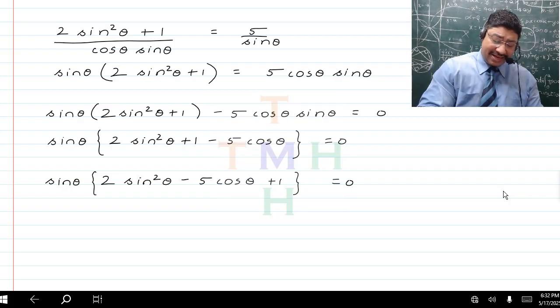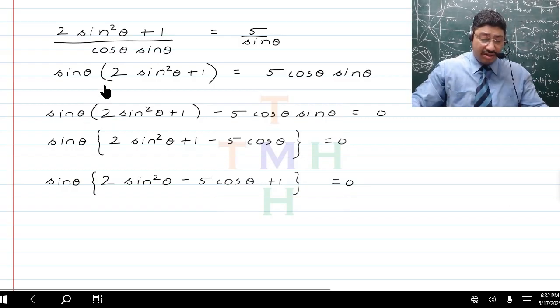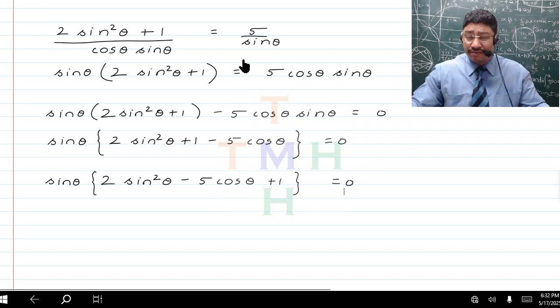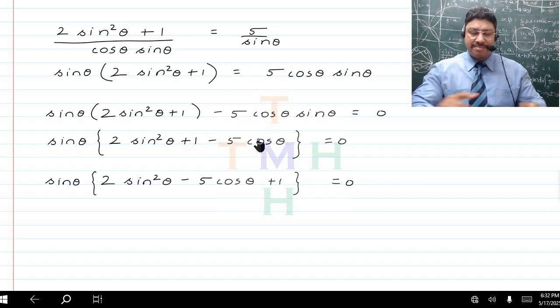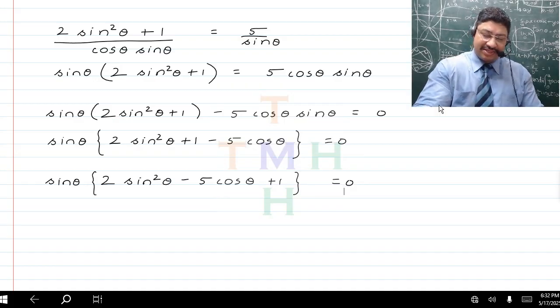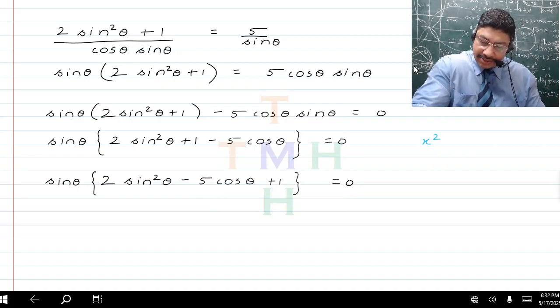Here you get to see that if you had cancelled off this sine theta earlier, you would have wasted it. That means it would have vanished. But whenever you talk about an equation, you can't get rid of any of the expressions which have the variable. For that matter, we can have something like x square minus 7x equal to 3x square plus x cube, right?